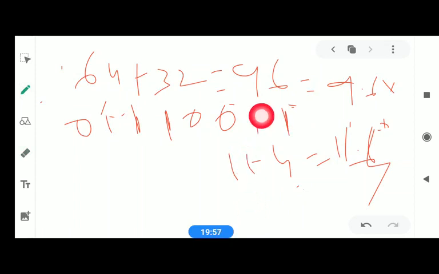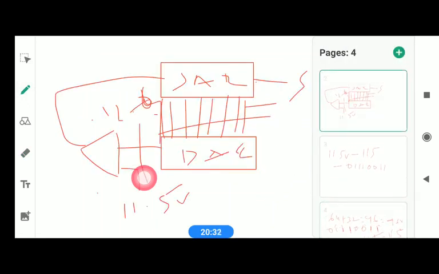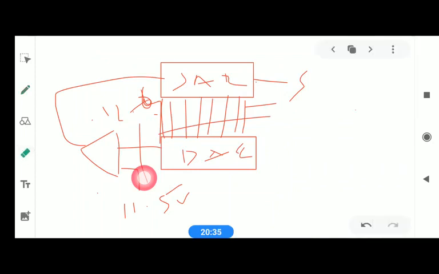Now you can see the value for this is 64 plus 32 plus 16 is 112, plus 2 plus 1, giving 115 in decimal. So the analog equivalent is 11.5.